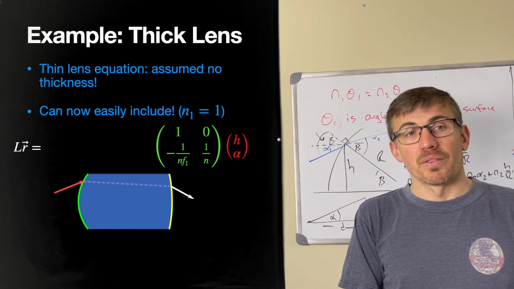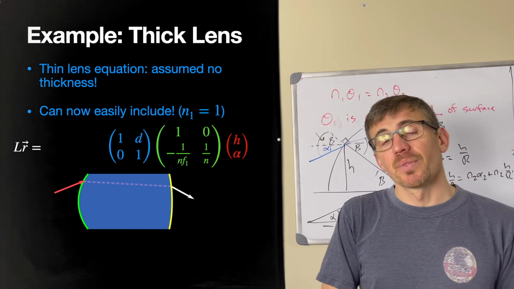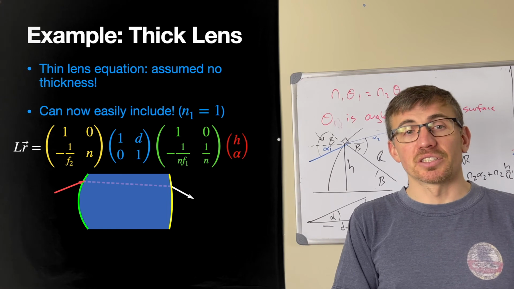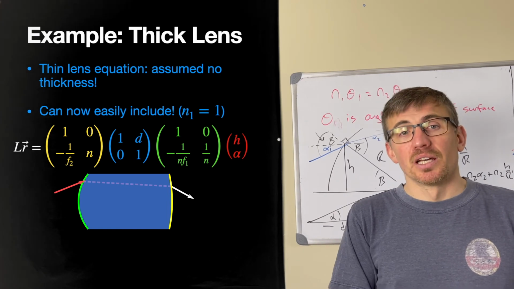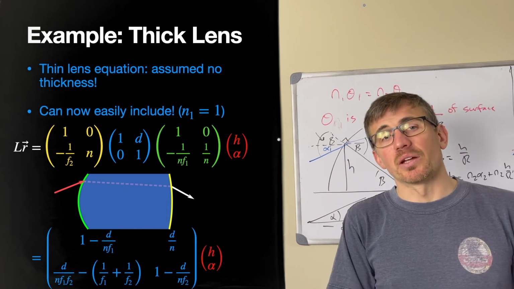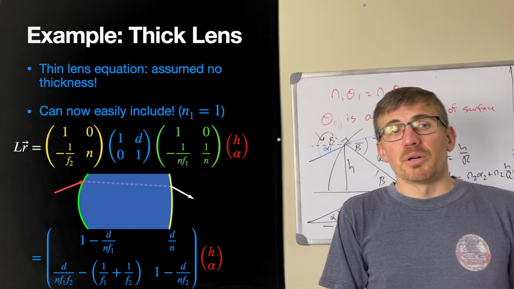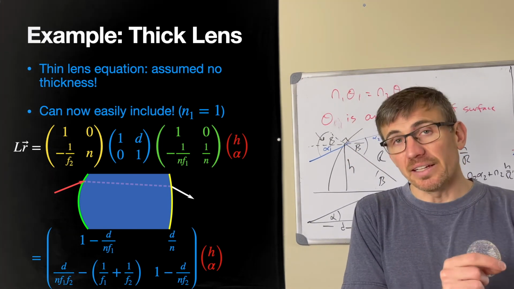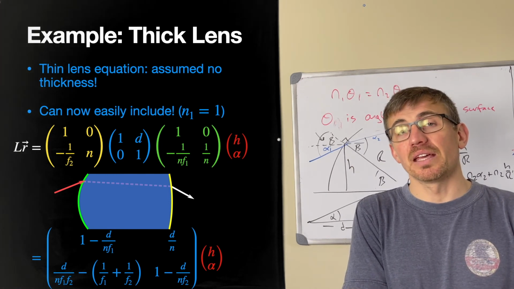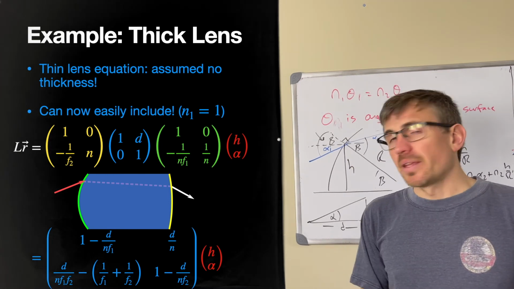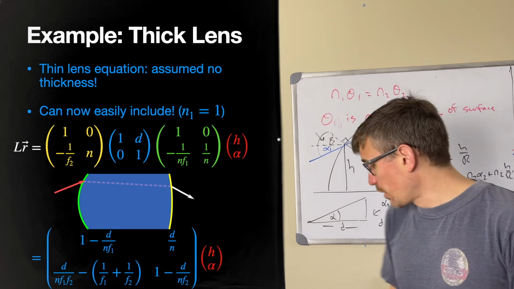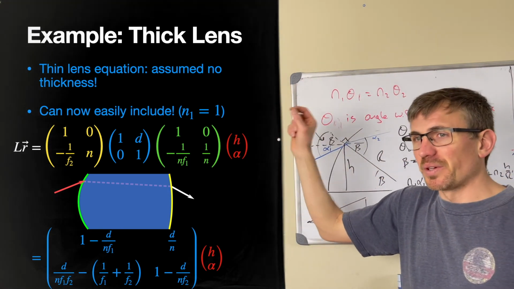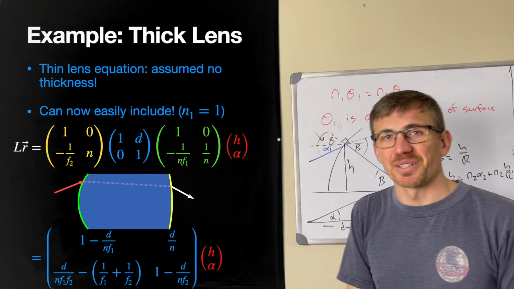Then we translate a distance d. And finally, we hit the last surface. This is just a matrix. It's just 4 numbers. We can grind out, it's kind of messy, what those numbers actually are, but every time we go through a thick lens, this is what happens to both the height and the angle going through this. Now you can do this by hand, or often you'll just plug it into Python or something like that, and you'll get a number of, 12, -3, 3, 14, or something like that.